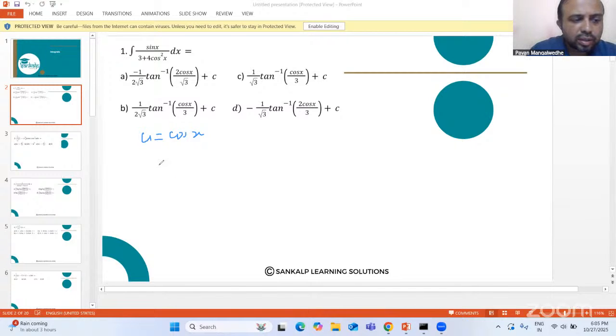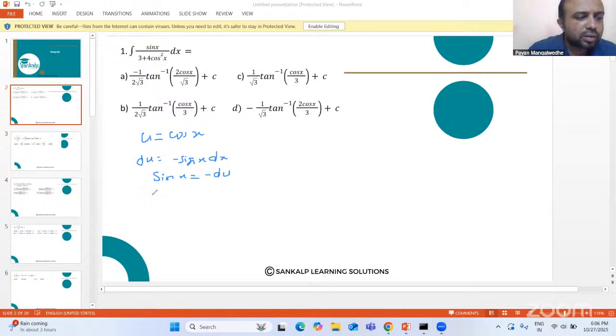Then the differentiation of u is minus sin x dx. Which means that sin x dx is what? It is minus du, because on transferring the minus sign it will become minus du.